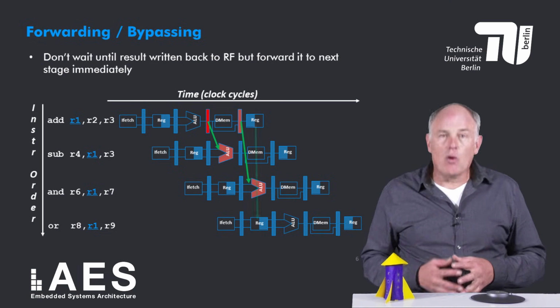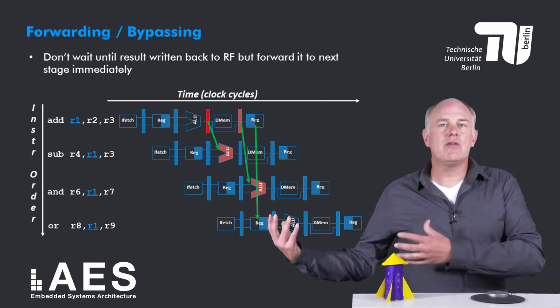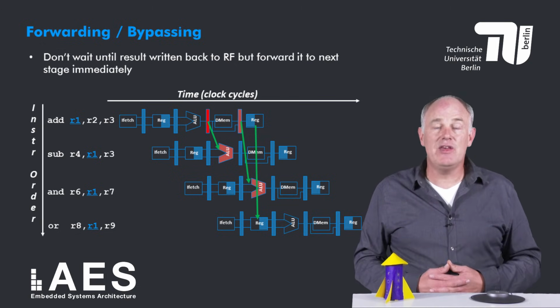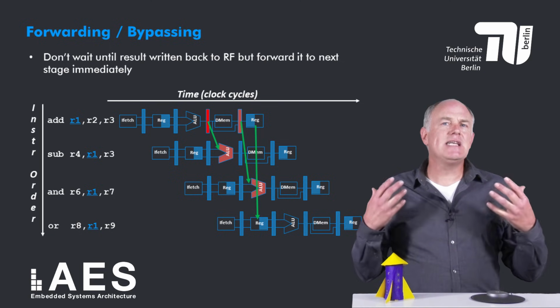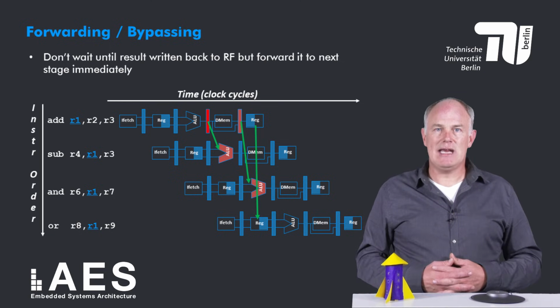Finally, the OR instruction also needs the result of the add operation, but now it's already available in the register file in R1, as indicated by this green arrow. So we see that some extra hardware can be used to eliminate most data hazards.